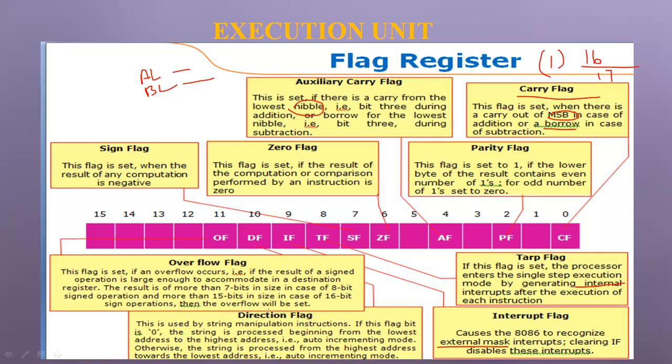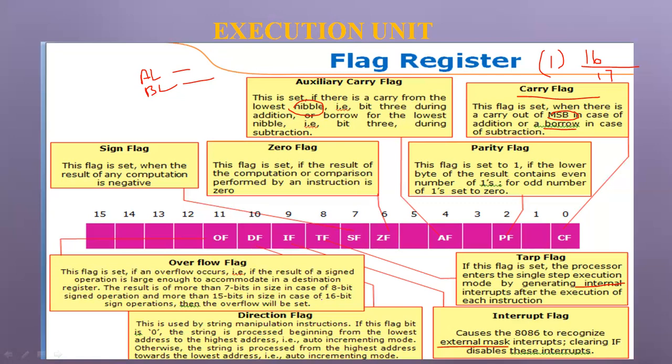Direction flag. If the flag bit is 0, the string is processed from the lowest address to the highest address. It is mostly used for string operations, meaning a collection of data. It will move by incrementing or decrementing.